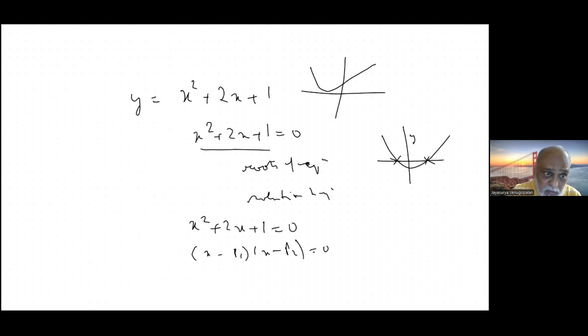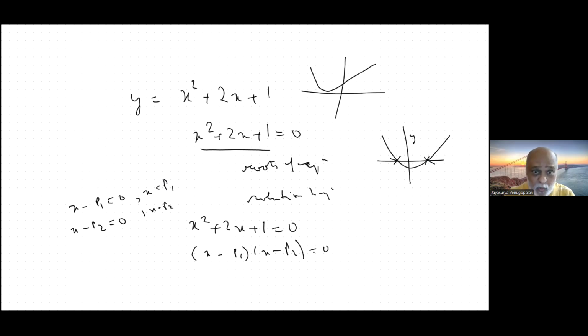Either when x minus p1 is equal to 0 or x minus p2 is equal to 0. If x minus p1 is equal to 0, x will be equal to p1. If x minus p2 is 0, x will be equal to p2. That means for any value p1 or p2 which you obtain from factorizing the expression, the value of the expression x squared plus 2x plus 1 will be 0.